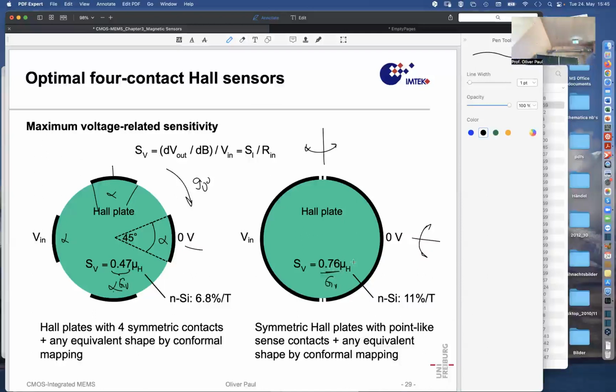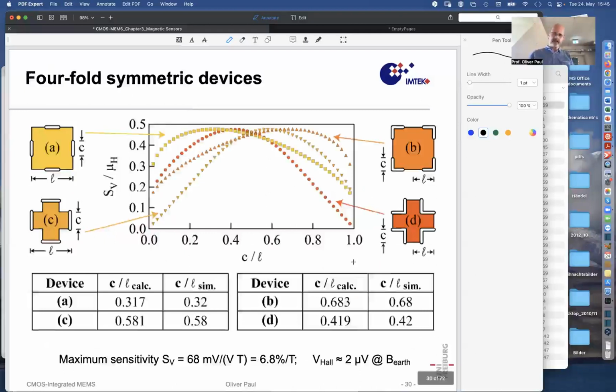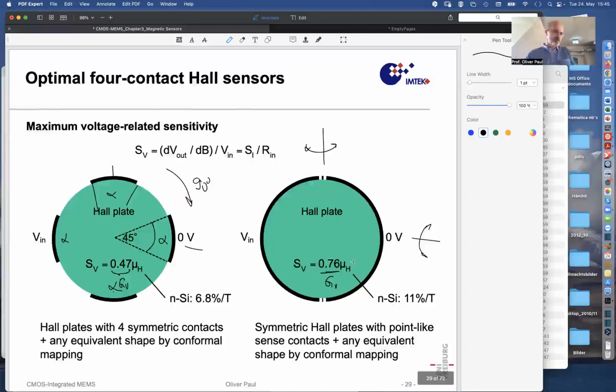If you invent a geometry that is better than this, please tell me. That's an interesting result, definitely. And the implication is really profound, because you see, this is a disc. Who makes disc-shaped structures?